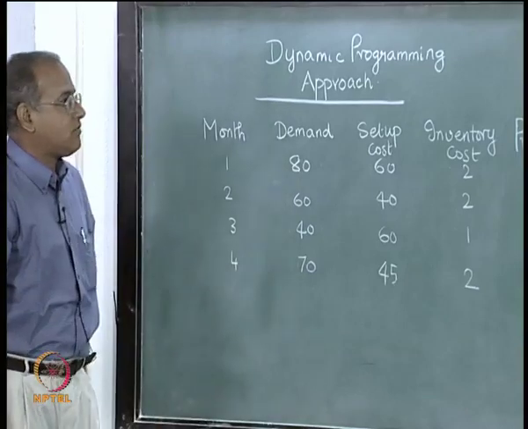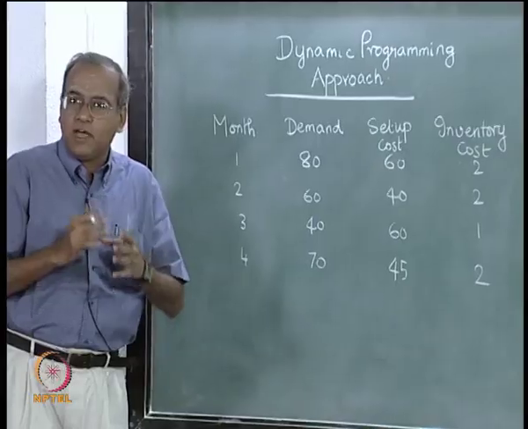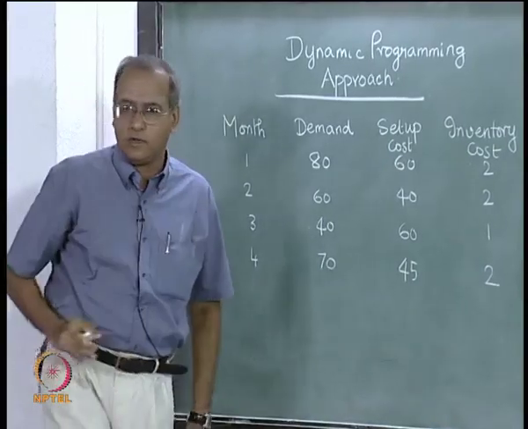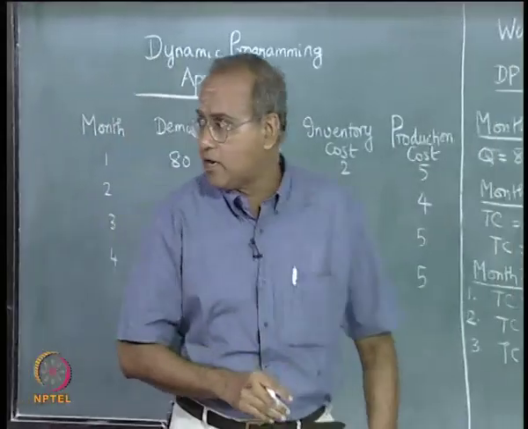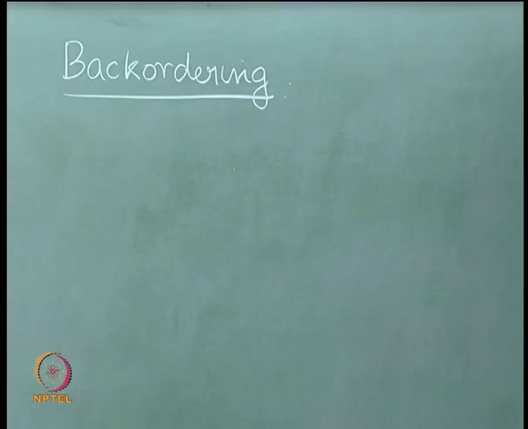But then we also have to include a backorder cost. So, let us not spend too much time evaluating all possible scenarios, but let us try and understand 1 or 2 scenarios. Let us include a backorder cost which comes here. Let us consider the backorder cost as 1, 2, 1 and 2.